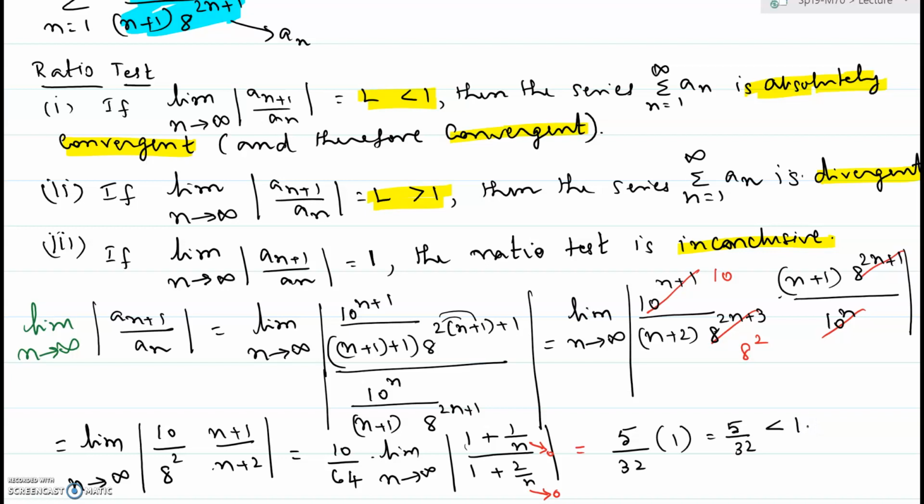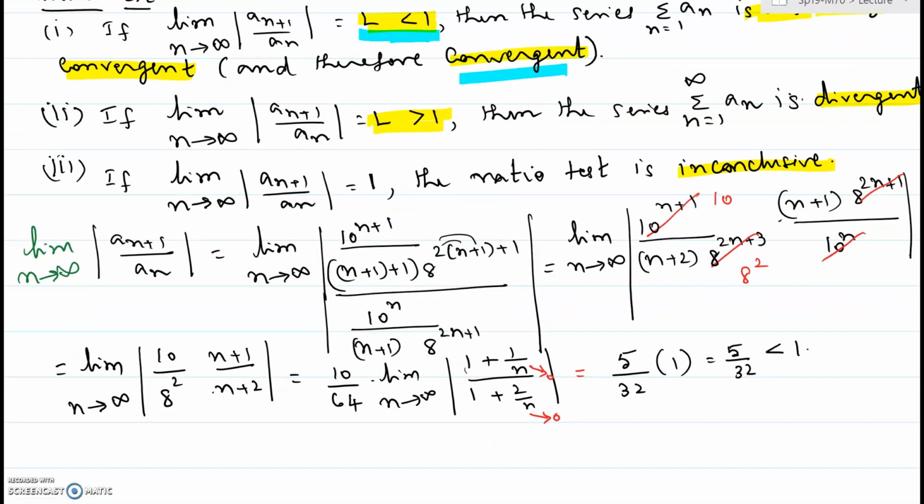So in the ratio test, we are looking at L less than 1. That concludes that sigma a sub n is absolutely convergent, and all the terms here are positive, so absolute convergence would mean convergence. So here our conclusion is from the ratio test.